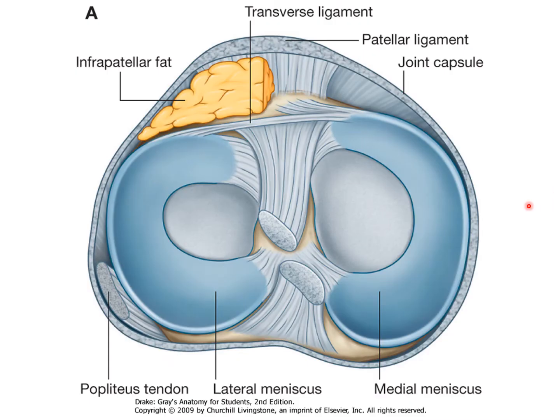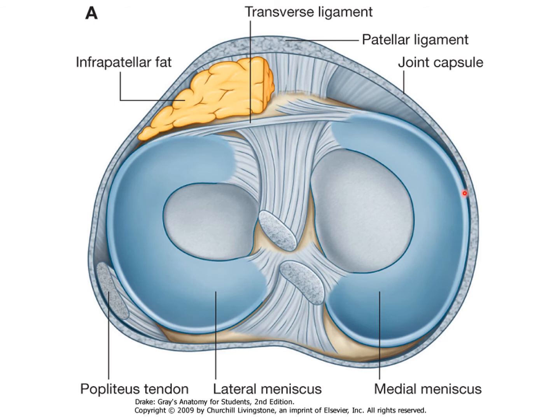Now here you can see the medial meniscus, the lateral meniscus, the anterior cruciate and the posterior cruciate ligaments.